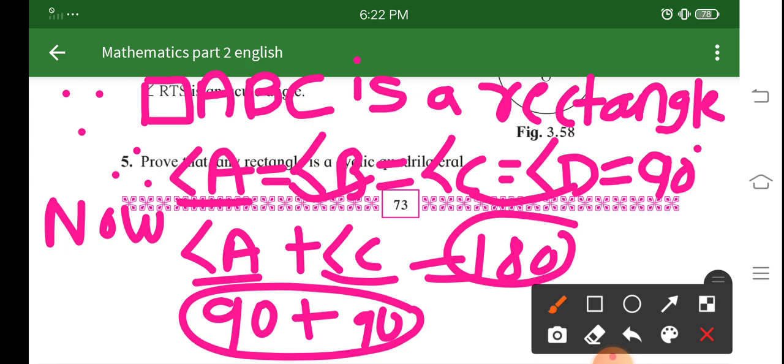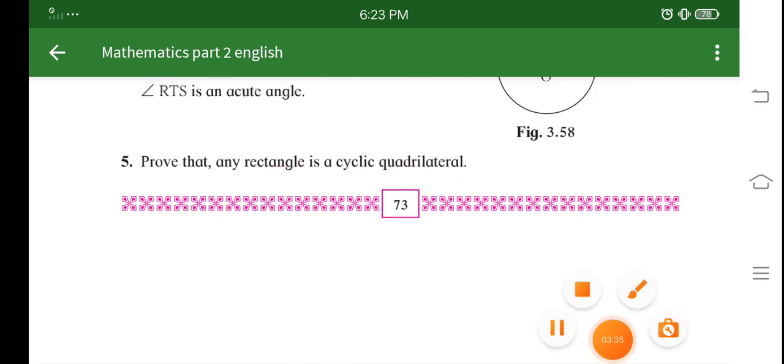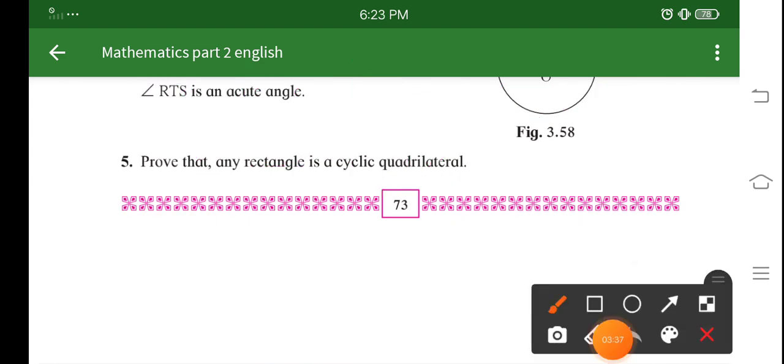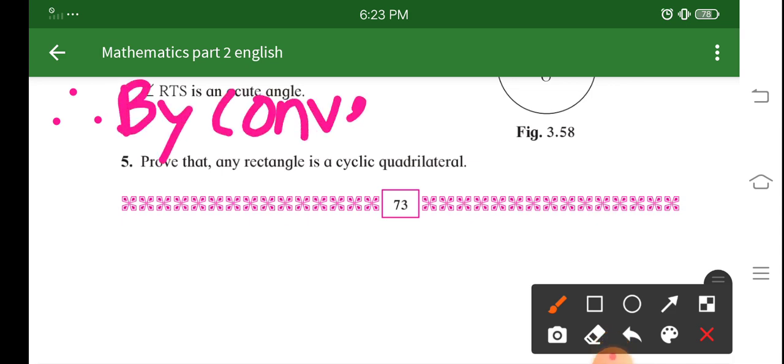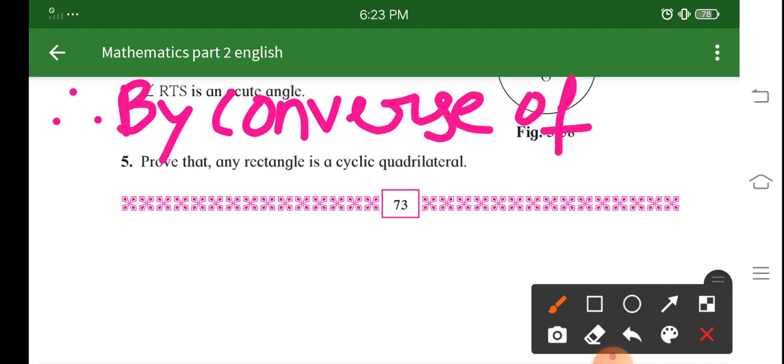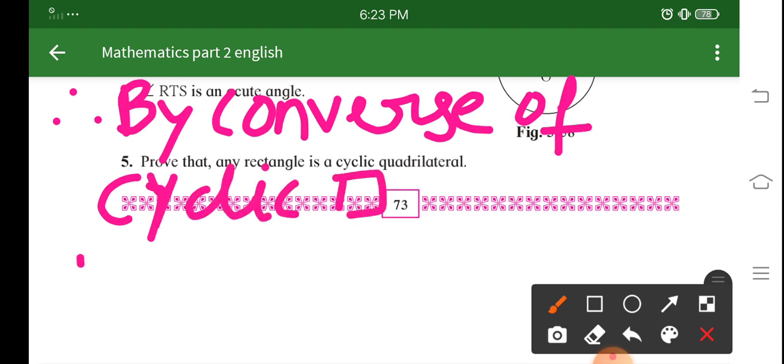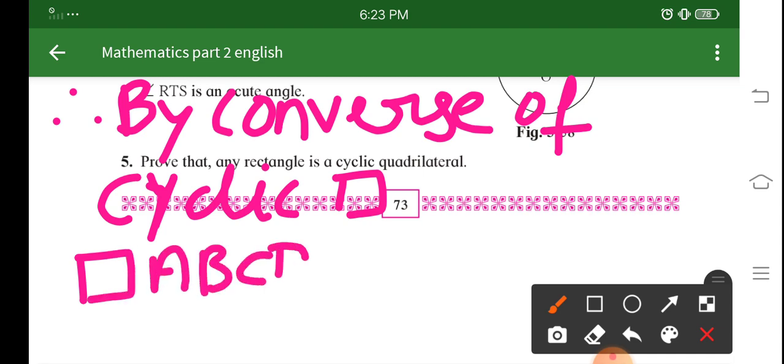Therefore, by the converse of the cyclic quadrilateral theorem, we can say that quadrilateral ABCD is cyclic.